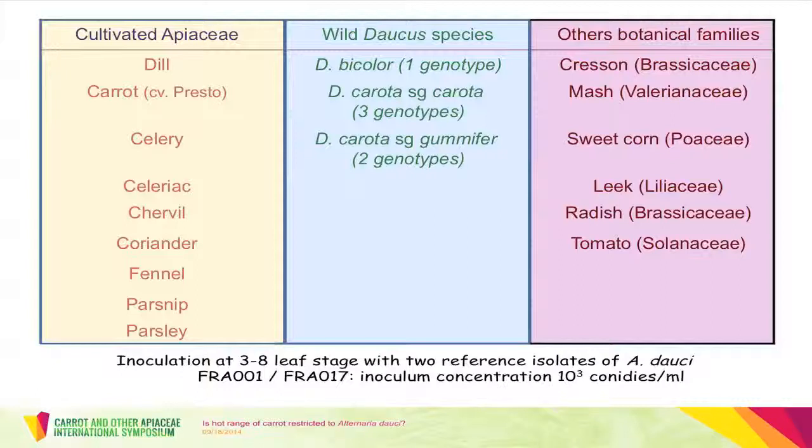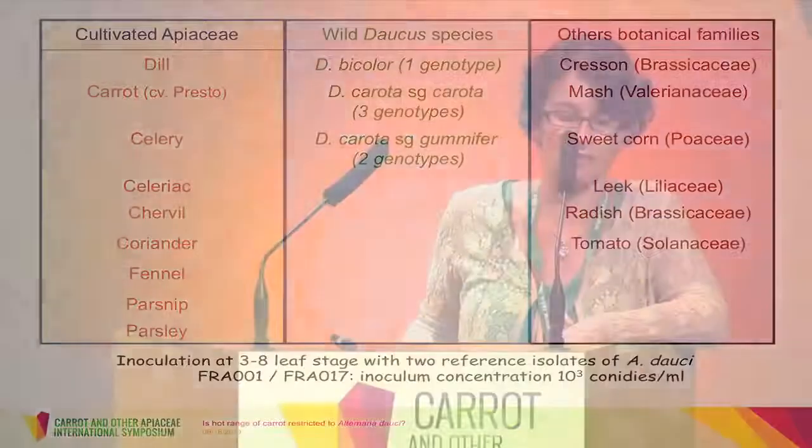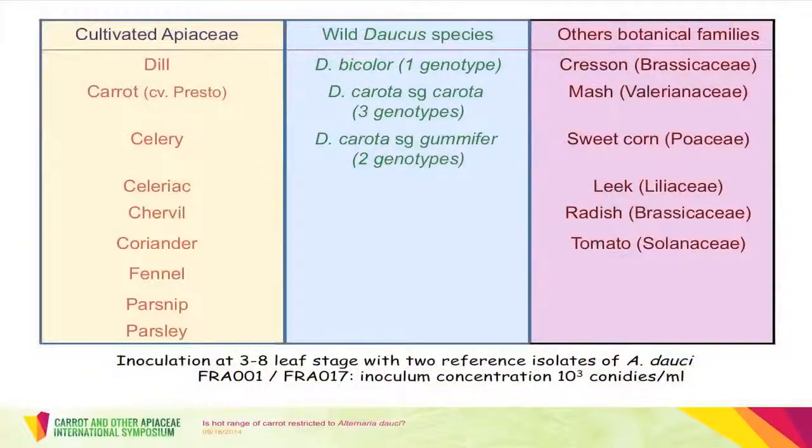We also inoculated wild Daucus species and other botanical families such as Brassicaceae, Poaceae, Liliaceae, etc. The inoculation was done 6 weeks after sowing with 2 isolates, Frey 1 and Frey 17, which have almost the same level of aggressiveness.